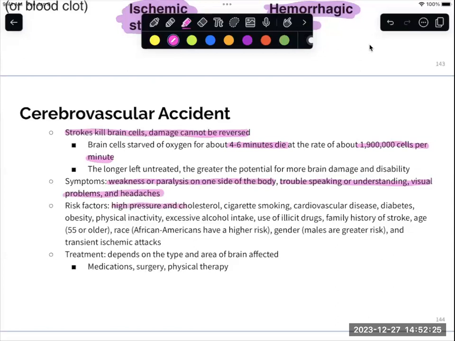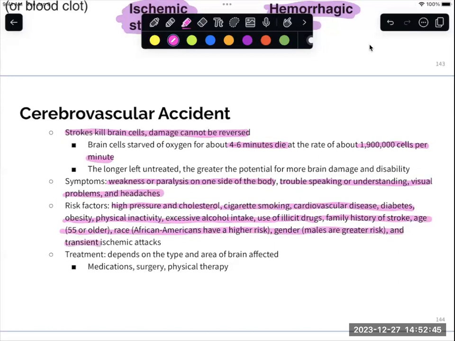Risk factors include high blood pressure, high cholesterol, smoking, cardiovascular disease, diabetes, obesity, physical inactivity, excessive alcohol intake, illicit drugs. If you have a family history of stroke, are over the age of 55, African Americans have a higher risk, and males have a higher risk.